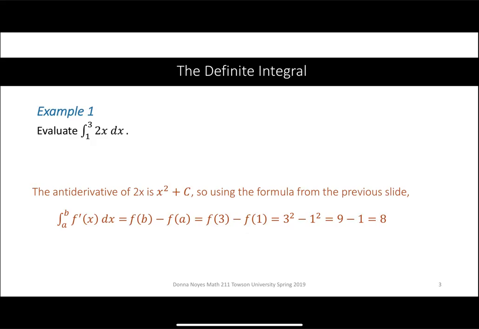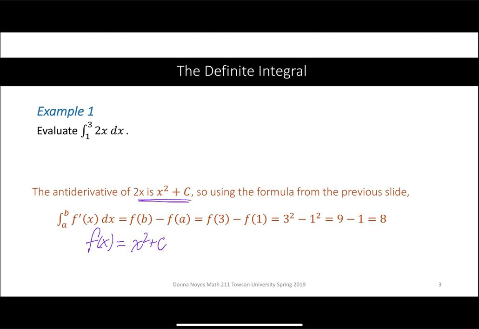For our first example, we're going to integrate the function 2x from 1 to 3, meaning from x equals 1 to x equals 3. We would still find the antiderivative of 2x, which is x squared plus c. Using the formula, we would find f of b minus f of a, where f of x now is x squared plus c.